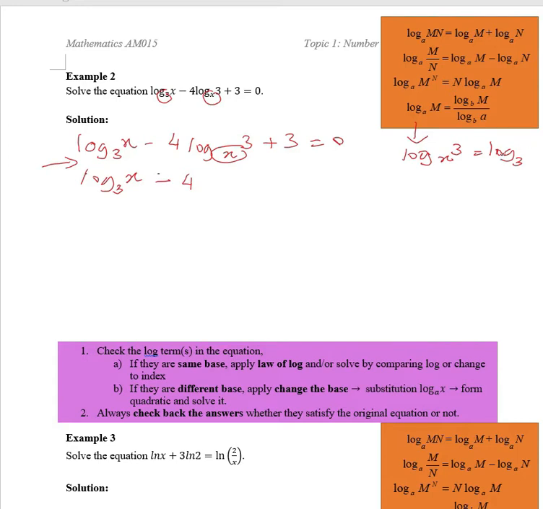So from the formula, on top at the numerator is still the same value, which is 3, and then at the denominator is the base with the same base 3. Okay, so that's how you change the base.